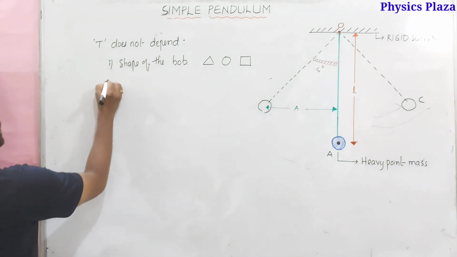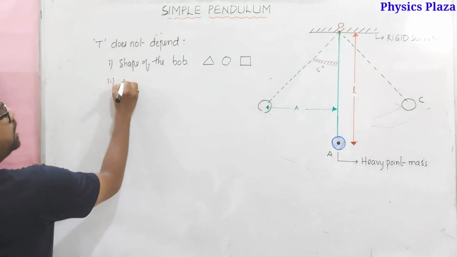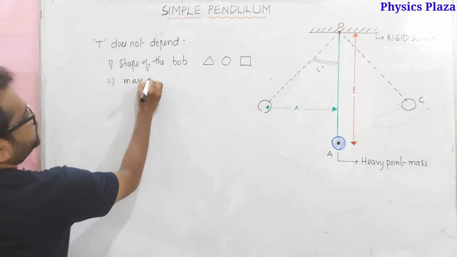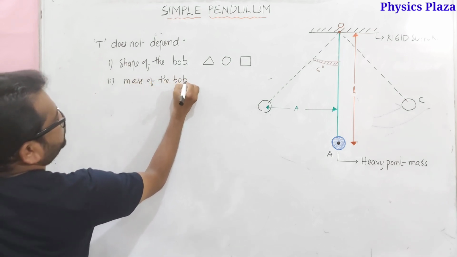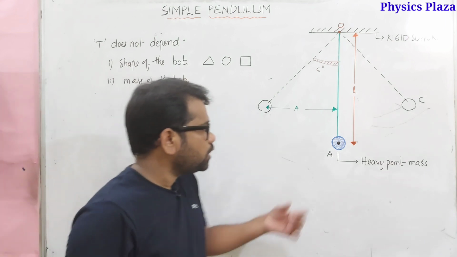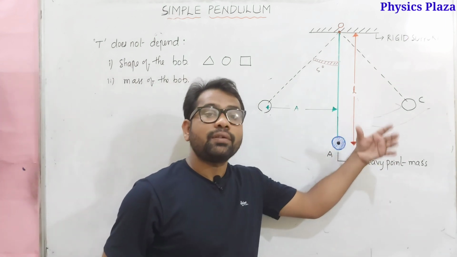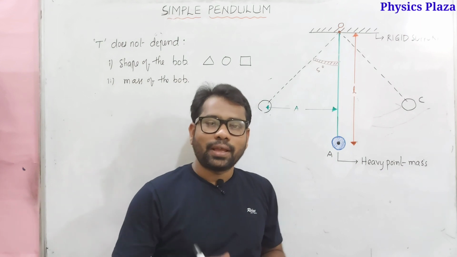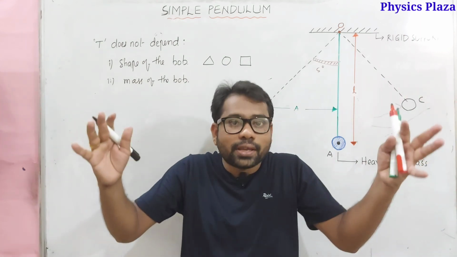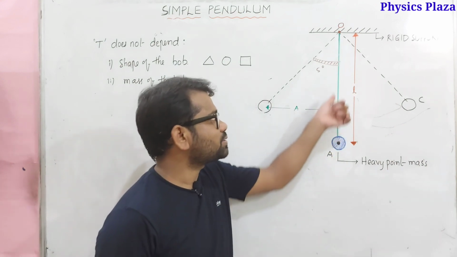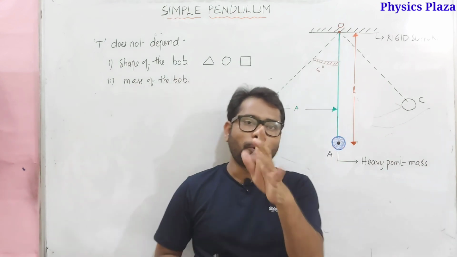And the second one, it does not depend on the mass of the bob. Mass of the bob may be 20 grams, or 50 grams. But dear children, although it does not depend on mass, if I take 1000 kg or 100 kg, this string will get disturbed first of all, no oscillation, nothing.